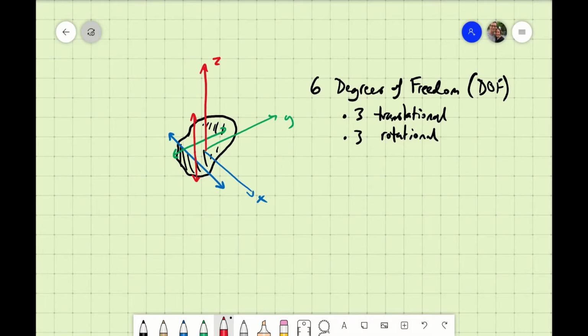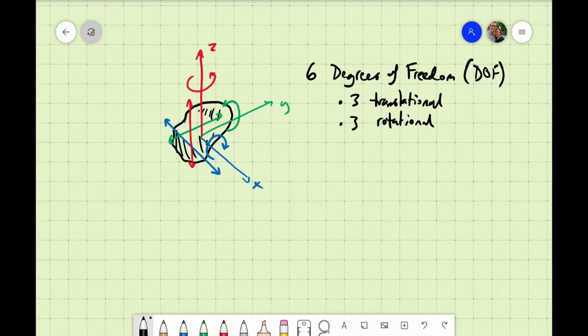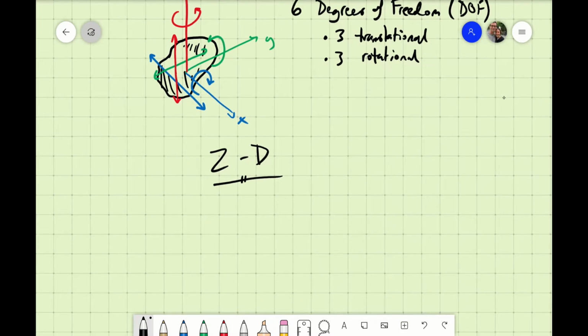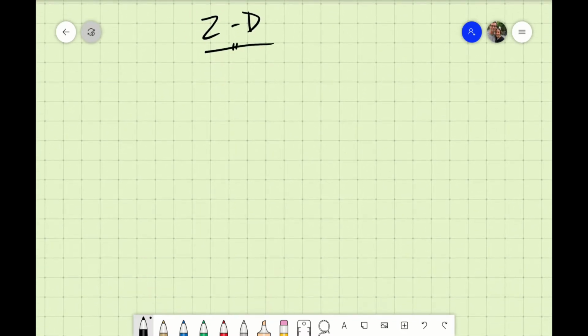And then we also have the ability to rotate around the x-axis, to rotate around the y-axis, and then rotate around the z-axis. And that just summarizes everything that can possibly happen to any physical object in the 3D world. Now, that's 3D, and we're really going to focus on 2D only, because most situations can actually be summarized into 2 dimensions and still be very, very useful.